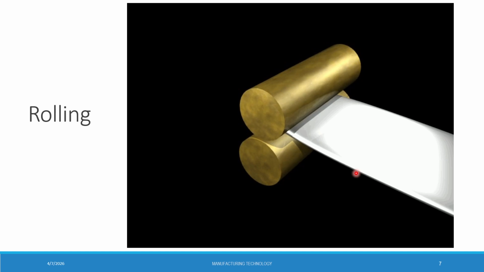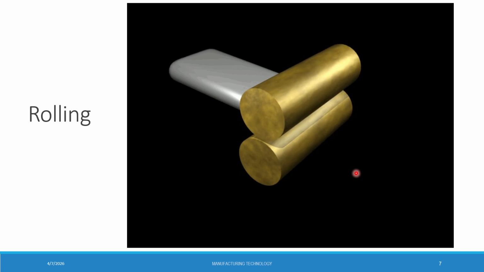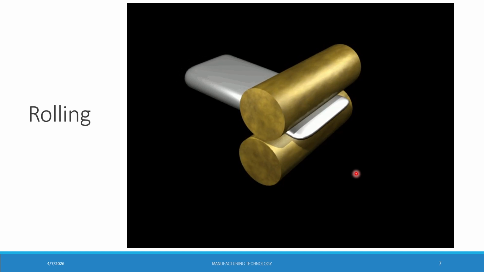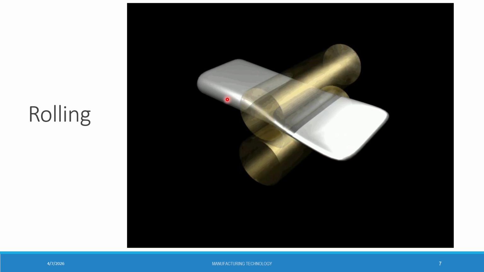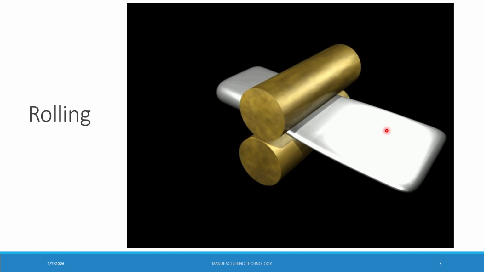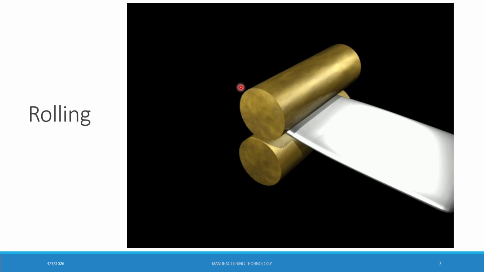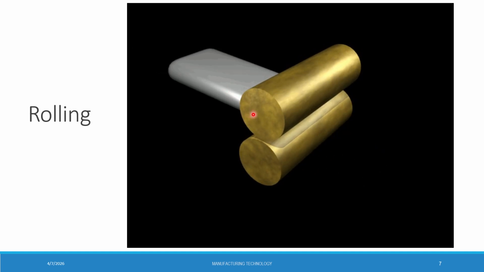One thing I want to let my viewers know, the people who are following the video right now should understand that the volume before the rolling and after the rolling, both are the same. So as the thickness is reducing, automatically you have to understand that the width will also increase, and at the same time the length of the component is also increasing. The thinner and thinner that you squeeze this, the longer and wider the component will be.